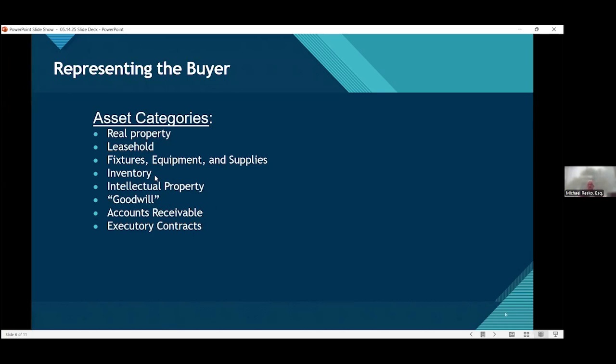Inventory is its own animal, right? And the thing about inventory is that you can consider it an asset or not, right? What is the actual value of inventory? The seller has paid money for it, right? But the longer inventory sits on a shelf or in a warehouse or in storage unsold, the value approaches zero, or actually at some point it becomes a liability, right?